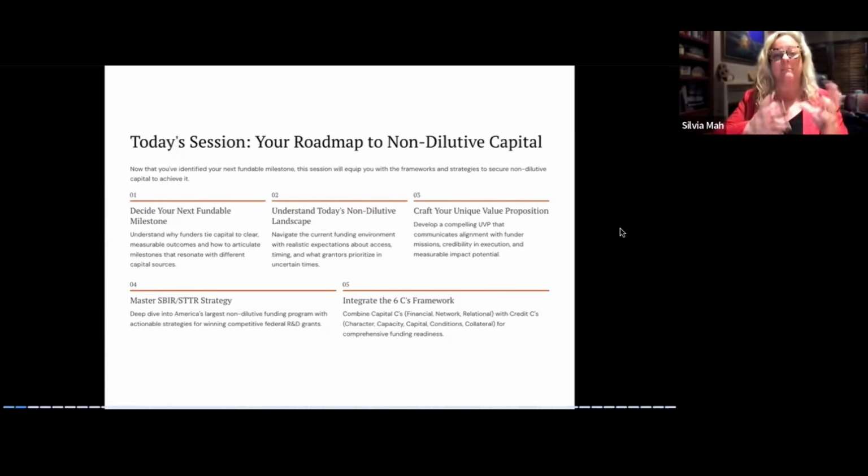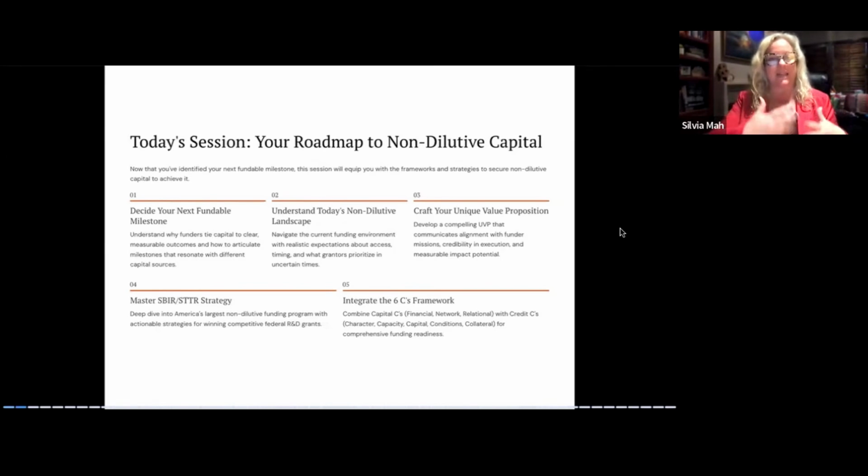I tried to combine some of the strategies of debt. What you need to consider about debt is not the same, but a similar type of structure as non-dilutive funding. And then craft your unique value proposition, understand the SBIR, STTR strategy, and integrate the 6 C's framework.